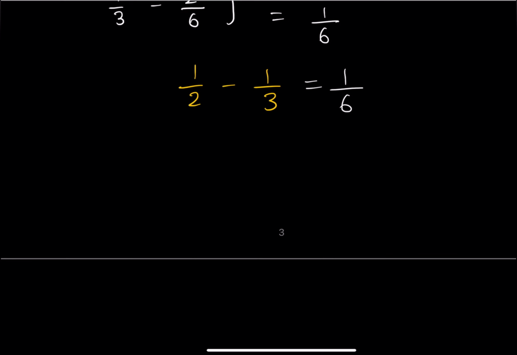Now let's move on to multiplying fractions. Multiplying fractions has to be my favorite operation with fractions because it's the simplest. So over here, all we have to do is directly multiply the numerators by themselves and the denominators by themselves. If that doesn't make sense, don't worry. Let's take our original fractions again, which are 1 by 2 and 1 by 3.